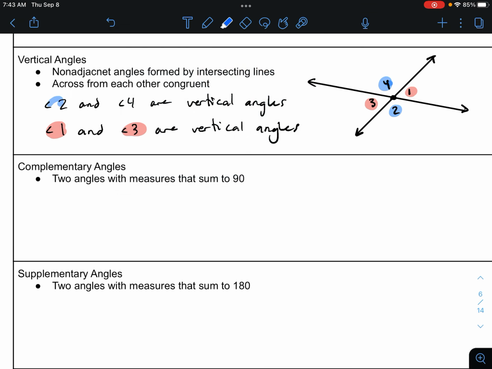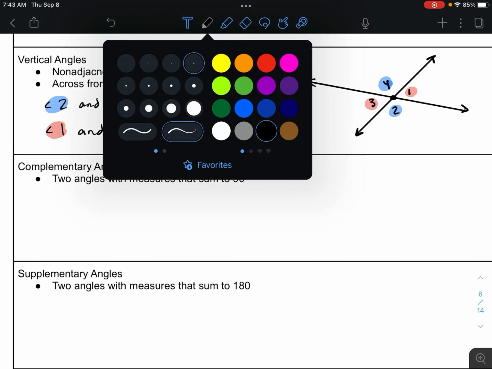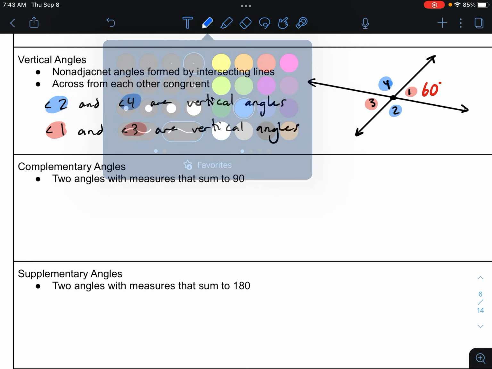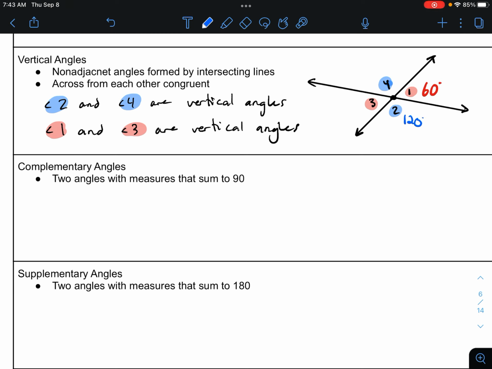Now the interesting thing about vertical angles is that they are always going to be congruent. For example, let's say I said that angle 1 was maybe 60 degrees. Well, we know that 1 and 2 form a straight angle. We've got this straight line right here. So I know that angle 2 is going to have to be 120 degrees because they have to add up to 180.